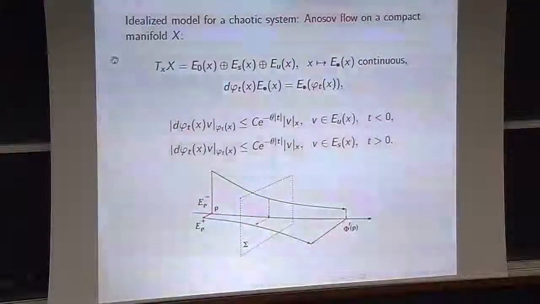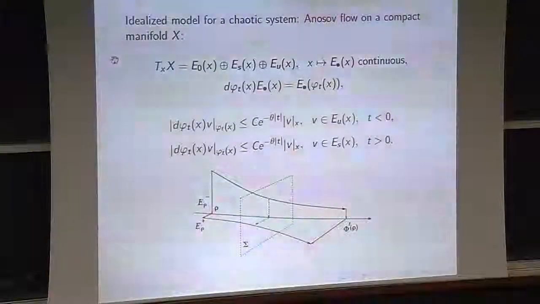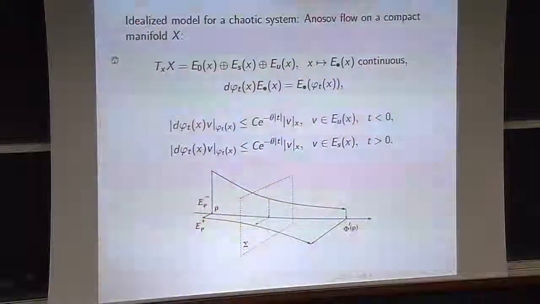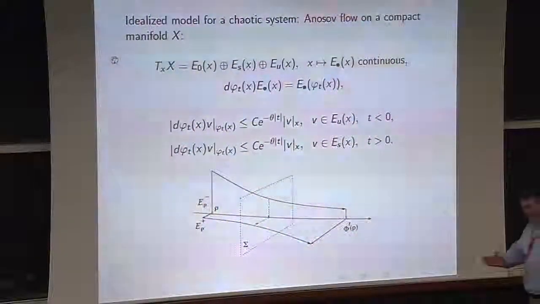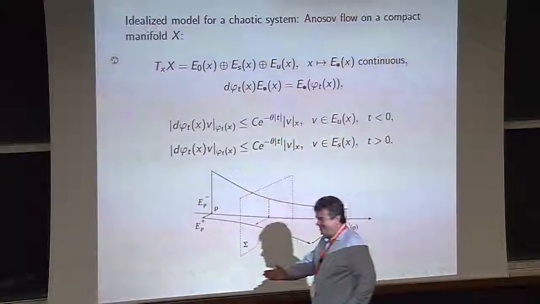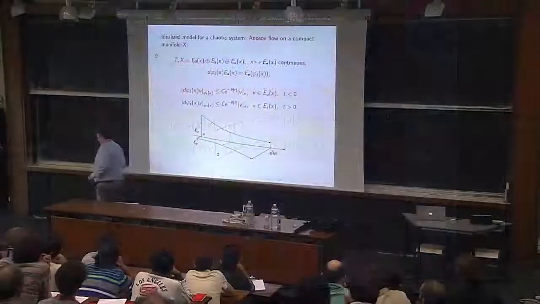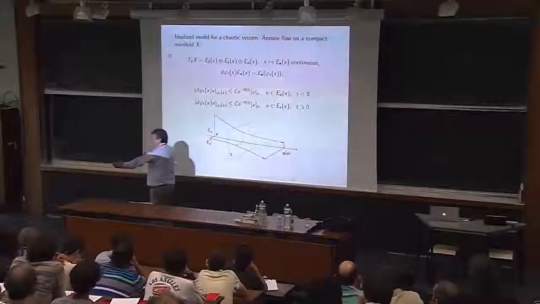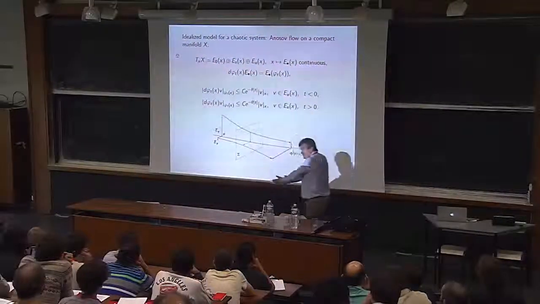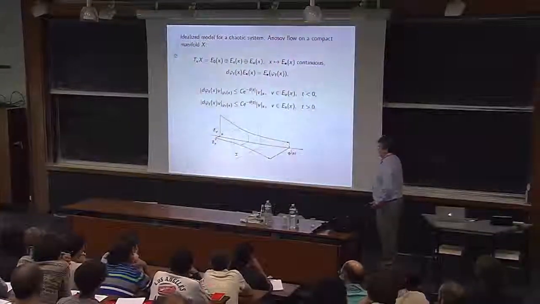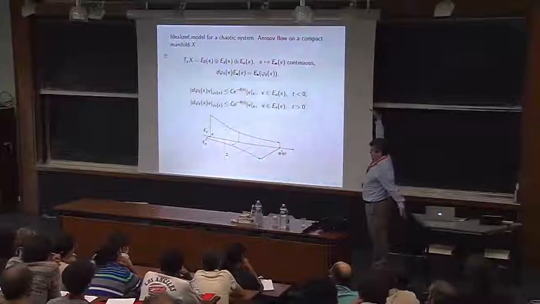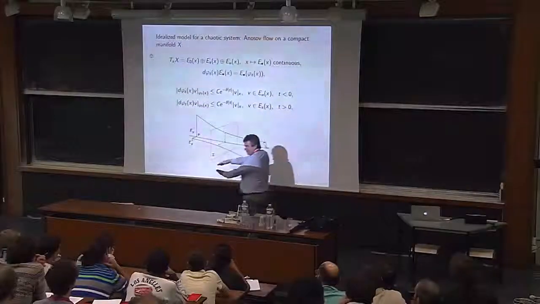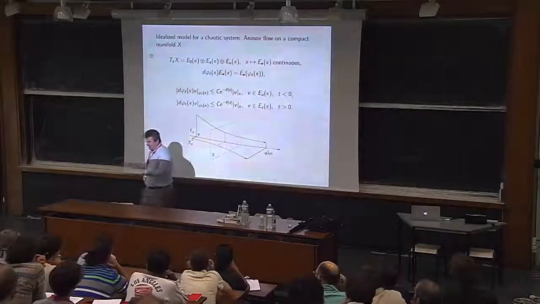To present it visually, if my space is 3-dimensional, I have the neutral direction of the flow, and then I have the unstable direction, which means that if I move in negative times, I contract. And then I have the stable direction, which means if I move in the positive direction, I contract. And this is what Anosov flows are.